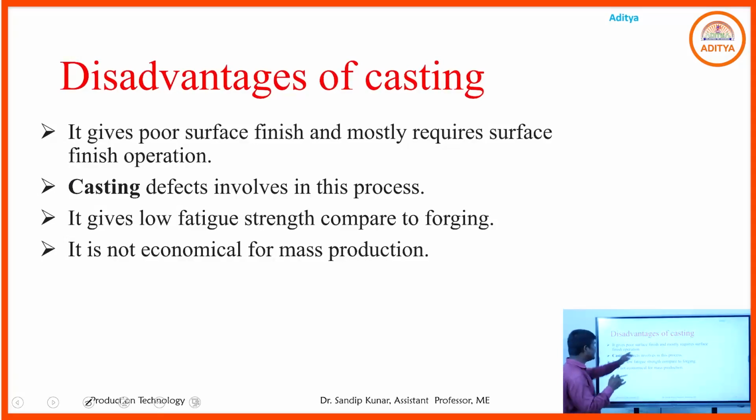Disadvantages: it gives poor surface finish, so a surface finishing operation is required. After preparation of the casting product, the surface is generally not good, so an extra surface finishing operation is required. Second, sometimes some defects are involved in the process, such as gas porosity and oxide problems in the casting product, and sometimes it provides low fatigue strength compared to forging.